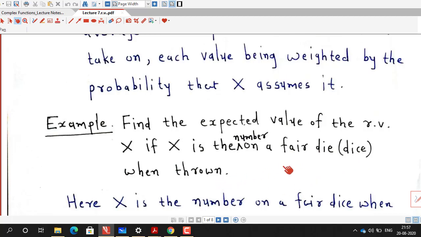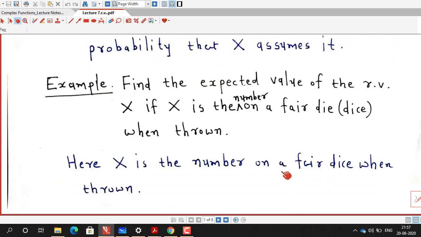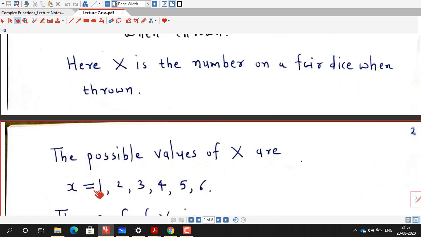When we throw a die, there are 6 possibilities: either 1, 2, 3, 4, 5, or 6 occurs. So the number on the upward face of a die can be any number from 1 to 6, and the possible values of this random variable are small x equal to 1 to 6.